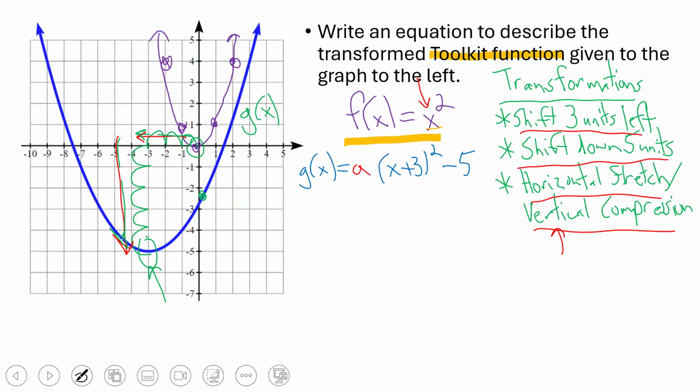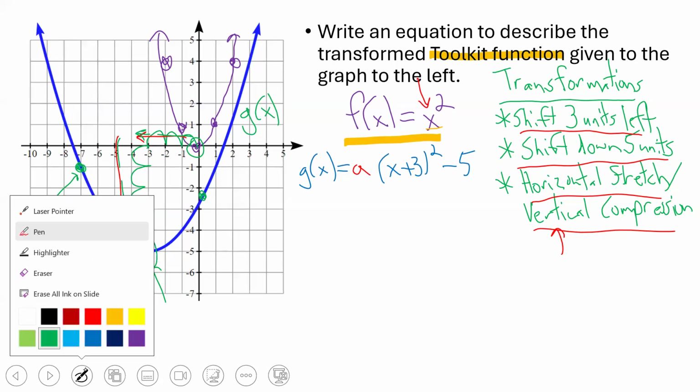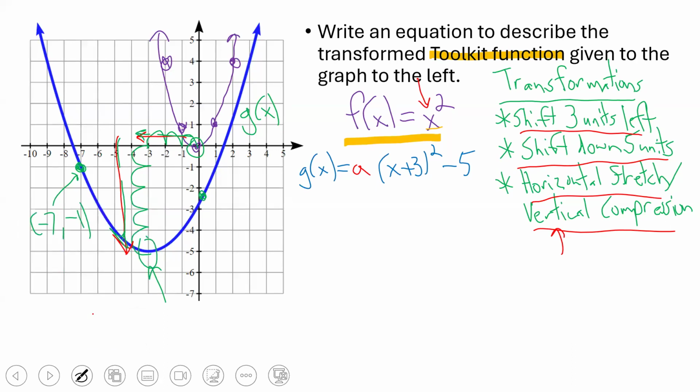And when I look at this, I see that this point right here, the graph seems to pretty solidly be going through that point, which appears to be at the point (-7, -1). So I can read those coordinates fairly easily, so I'm going to go ahead and use those. Recall that when we have a coordinate point like that, it has an input and an output.